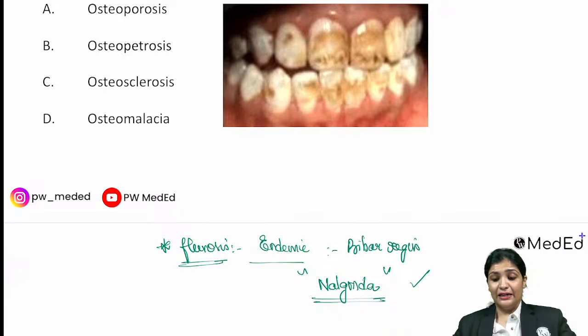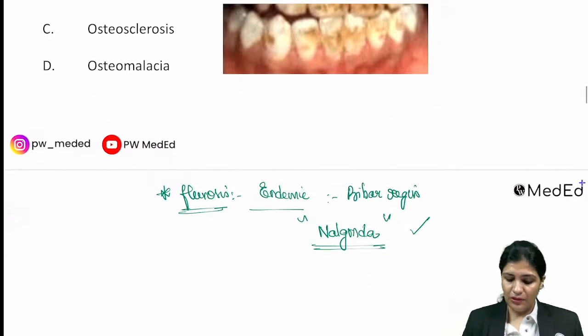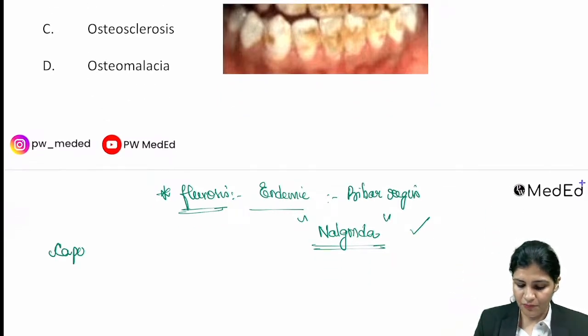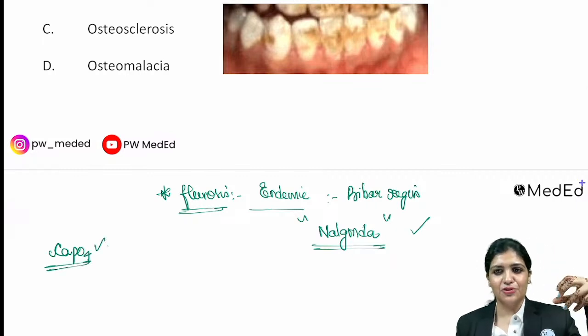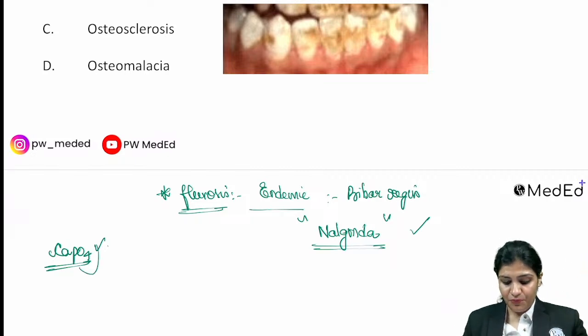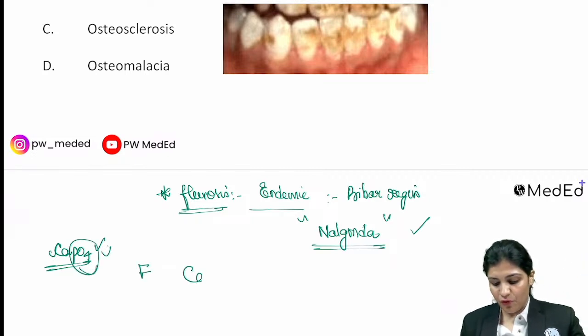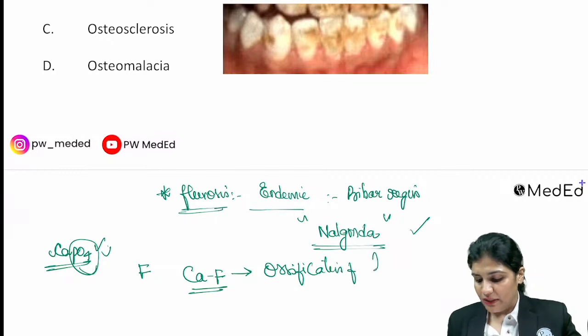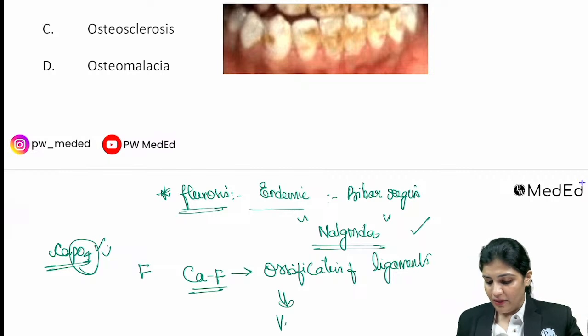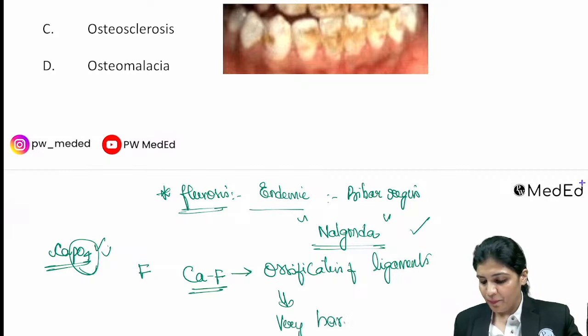Fluorosis is a condition where the bone has been changed. If you remember, bone is formed by calcium phosphate, right? So calcium and phosphate are two important things you see in the bone. Now this phosphate is replaced by fluoride and it forms calcium fluoride, and this causes ossification of the ligaments, and the bone which is formed will be very hard.